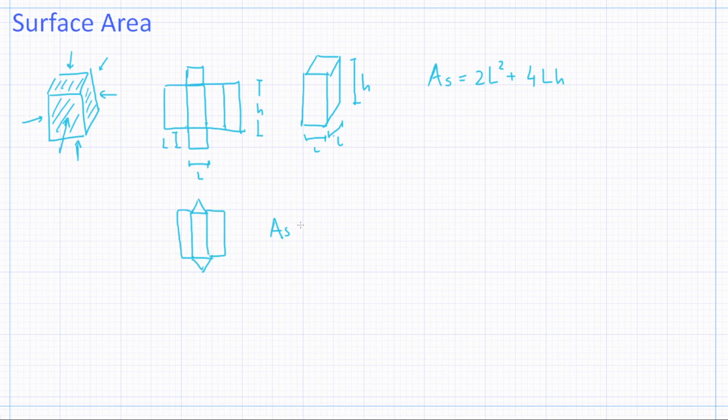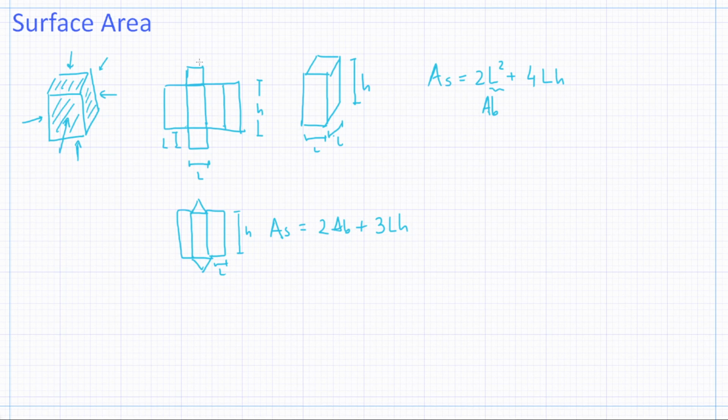So the area here would be 2 times the area of the base, plus 3 times LH, where here that's L, height, and here let's call this L as well. And the area of the base, you can just work out the area of the triangles that you've done before, right?